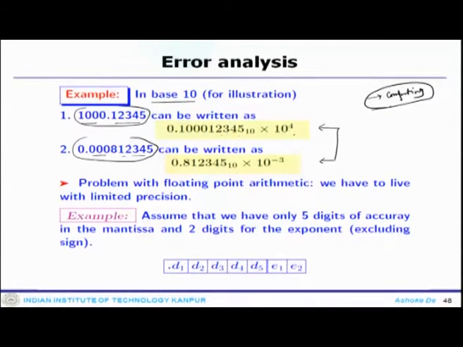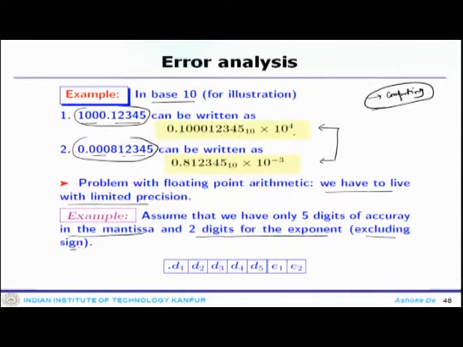Now, the problem lies here with floating point arithmetic, and that is where we have to live with limited precision. And what does that mean? Take an example again, assume that we have only 5 digits of accuracy in the mantissa and 2 digits for the exponent, excluding the sign.